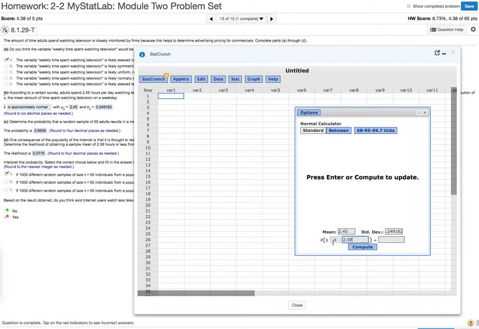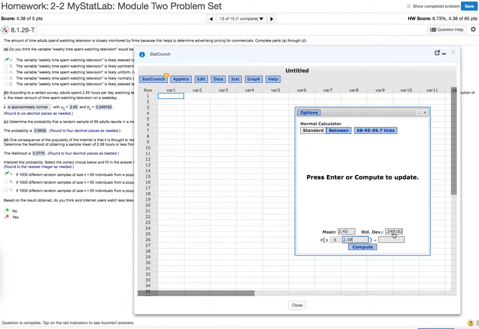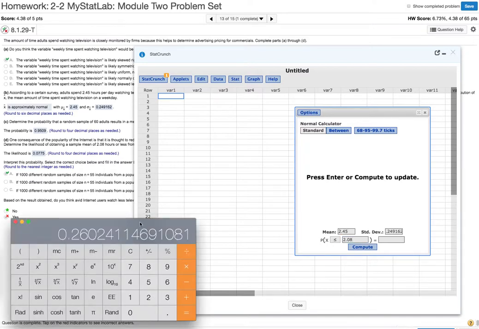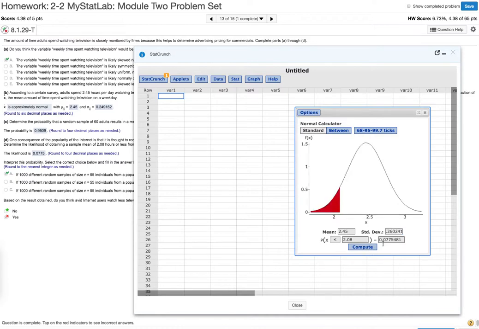So we have the less than sign here, and then the mean is 2.45, and then I just calculated out that standard deviation, so let me put it back up. It keeps disappearing for me, so let me put it over here. You won't be able to see it, but I'm just typing that one in here. 0.260241. Okay, and then I'm going to compute it. And then here, this is our probability.